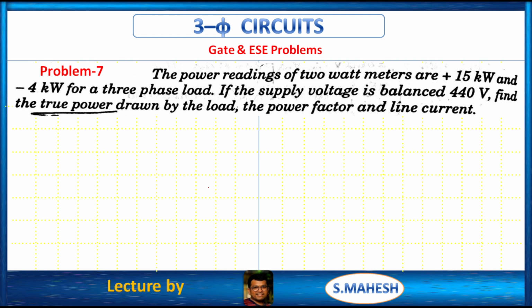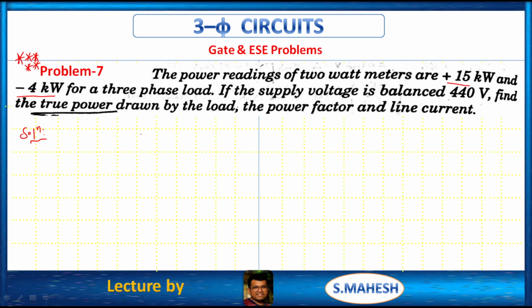So we have to calculate the real power P, power factor and line current. This is a very important problem, because we have a negative wattmeter reading, minus 4 kilowatts, and a positive one.